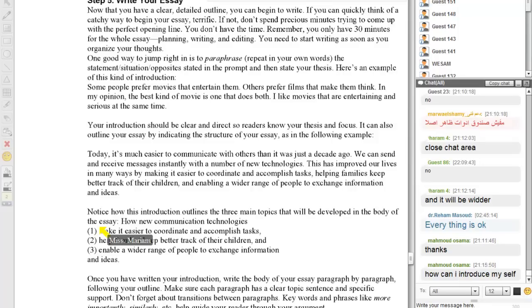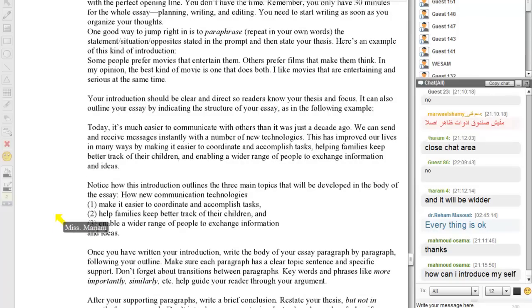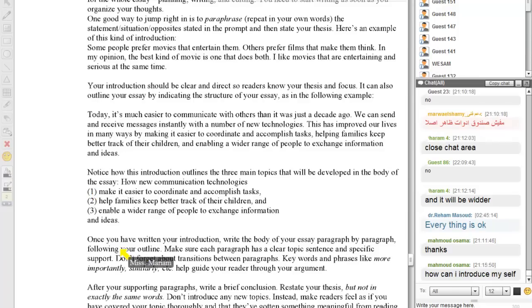It's not about introducing ourselves, Mr. Mahmoud. We are introducing our topic, our essay. If it's about technology, we are going to introduce our thesis, which is the main idea.